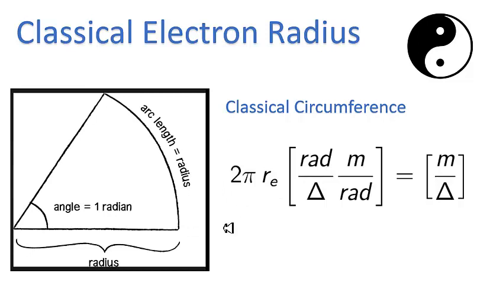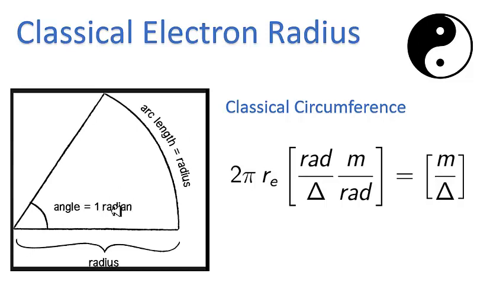2 pi times the radius is the circumference of a circle, and the circumference of a circle has units meter per cycle, so meter per complete cycle. So the length of the circumference of a circle is meters per cycle in modified unit analysis. And in a similar manner, the radius of a circle, which is also the arc length of a circle of an angle 1 radian, has units meters per radian.